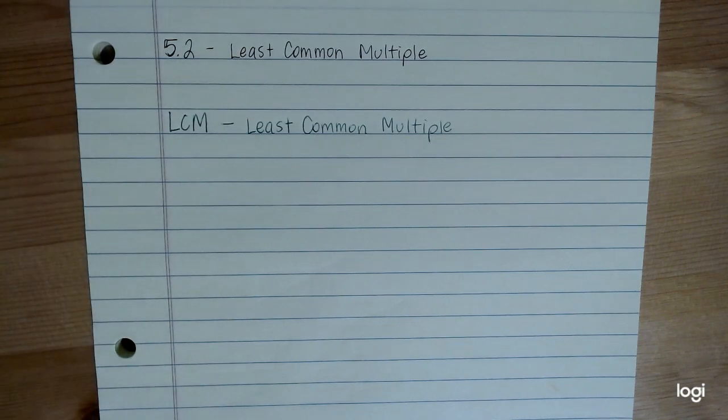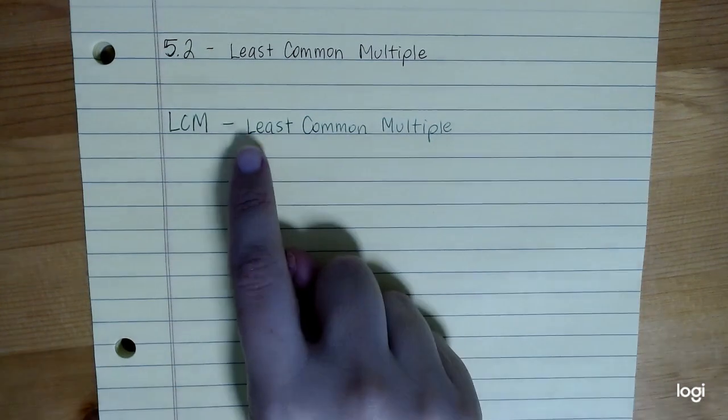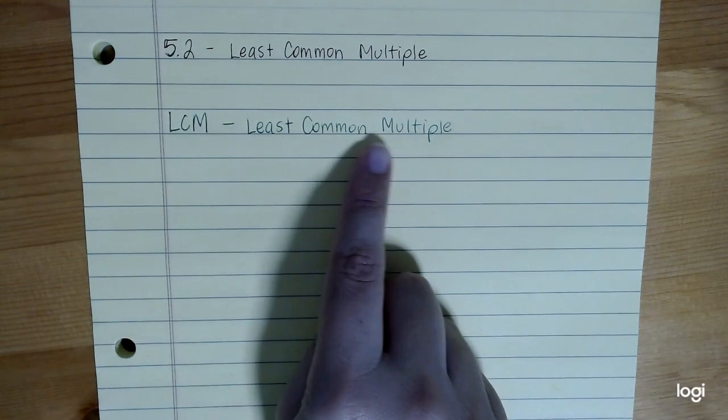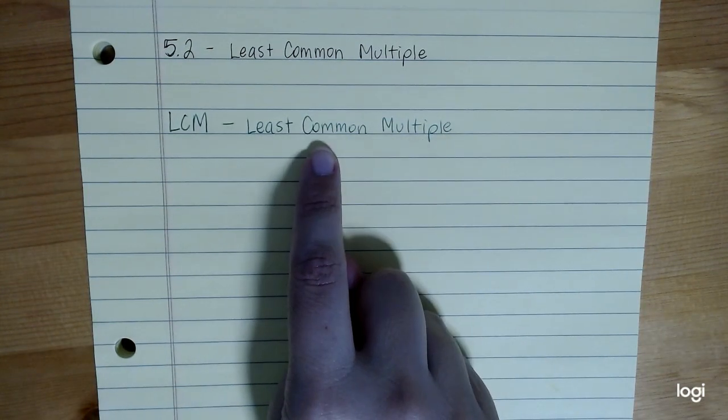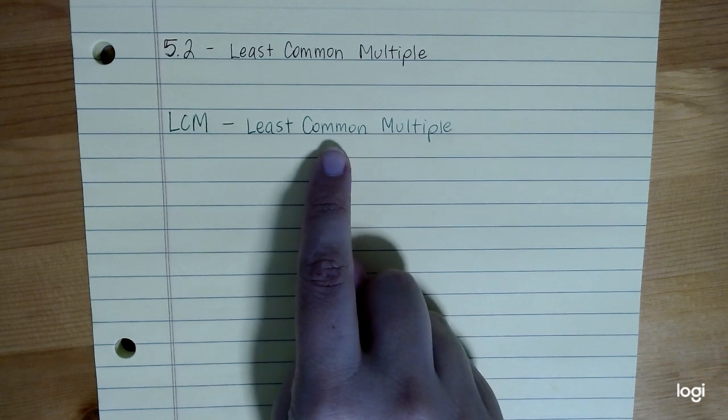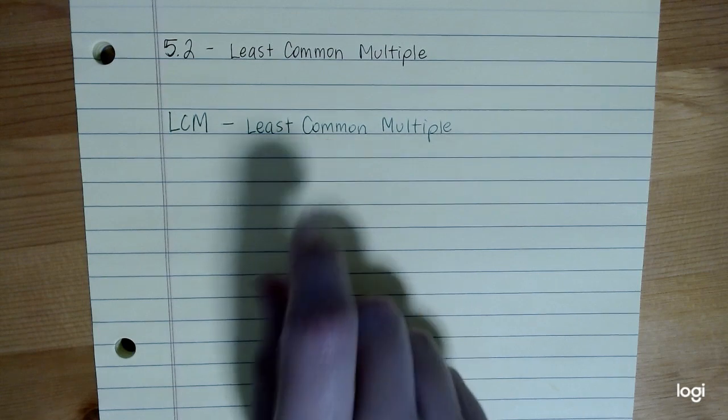So it's the smallest multiple that those numbers share. It could be two numbers, three numbers, four numbers, just a group of numbers.